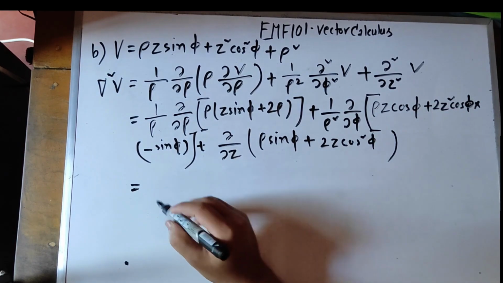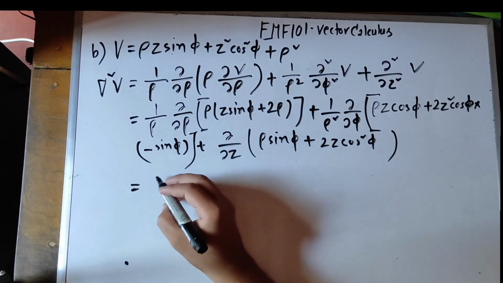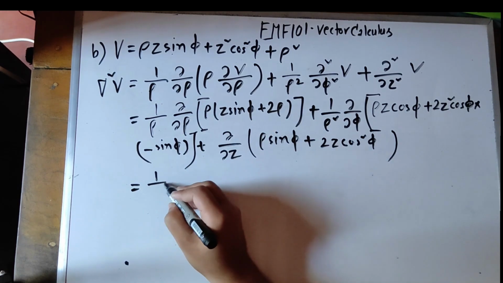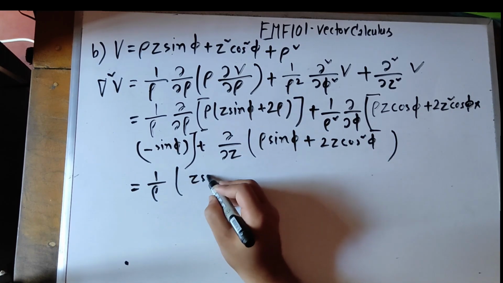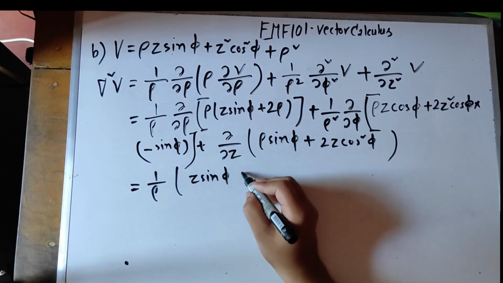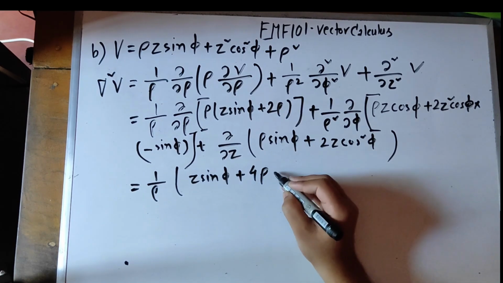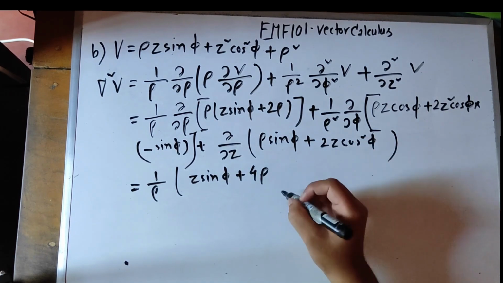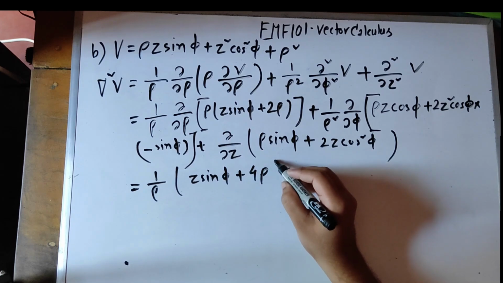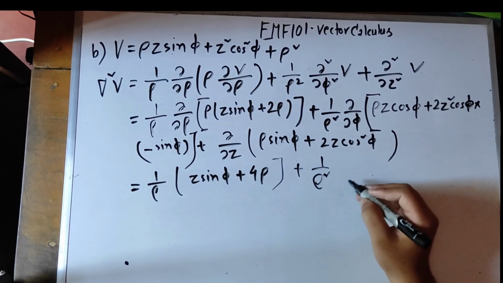So now, if we do the second differentiation with respect to rho, so 1 by rho, this will be z sine phi plus 4 rho. So rho cross rho square, so 4 rho, and 1 by rho square.